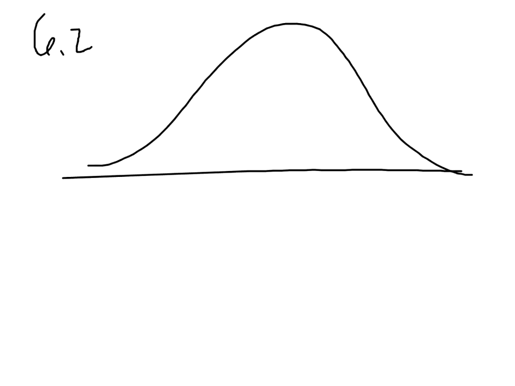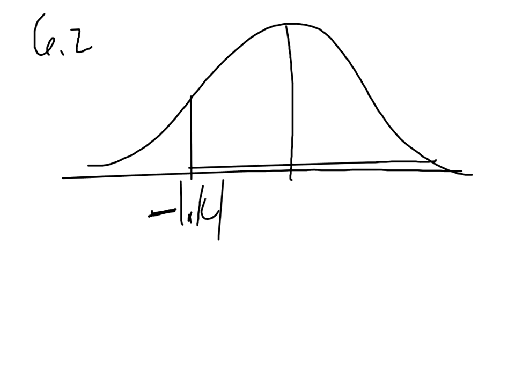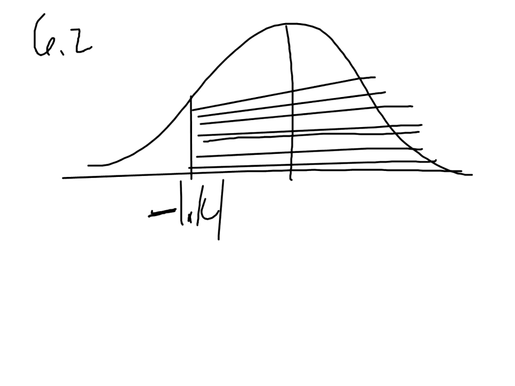Okay, let's take a look at 6.2 and see what's different there. This time we want the area to the right. So here's our standard curve again. We want the area to the right of minus 1.14. Well, there's more than one way to do this, but there's only one recommended way with our tables here.